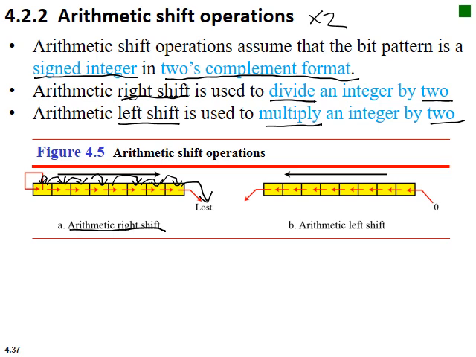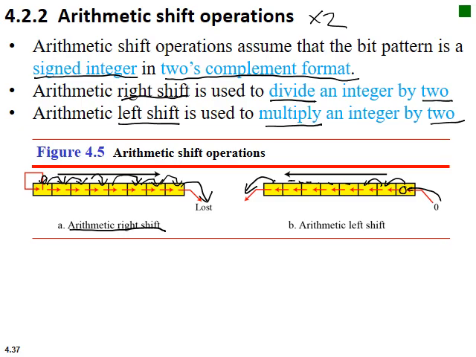We simply throw that away in an arithmetic right shift operation. For an arithmetic left shift operation, very similar to the logic left shift operation, we start from the right and we basically copy everyone over to the left until the left one is lost, and we simply insert a 0 on the right hand side of this arithmetic left shift operation.